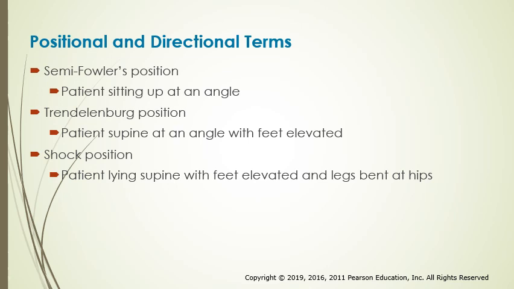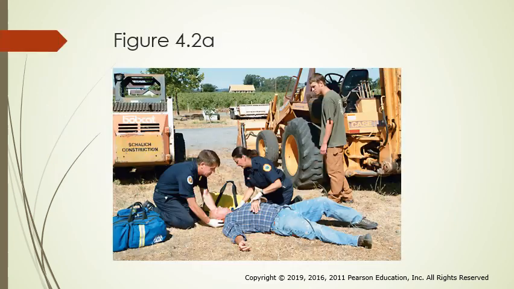So their legs are out straight like on the gurney, but their back is kind of tilted upward. Trendelenburg is when they're laying flat on their back, but their feet are elevated to help treat low blood pressure. And then you have the shock position, which is the patient lying supine, so they're flat on their back, their feet are elevated, and legs bent at the hips.